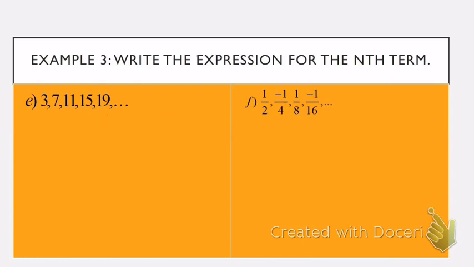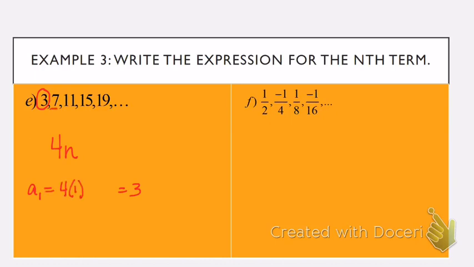Now I need to understand, my rule is going to start out as 4n, but in order for me to get the first term, which is 3, I have to plug in a 1 for n.